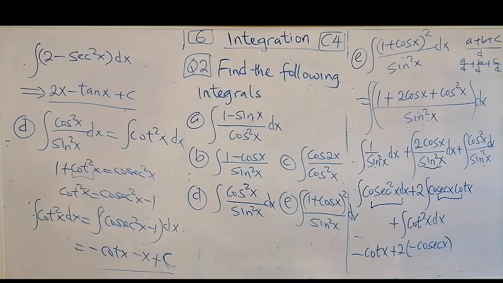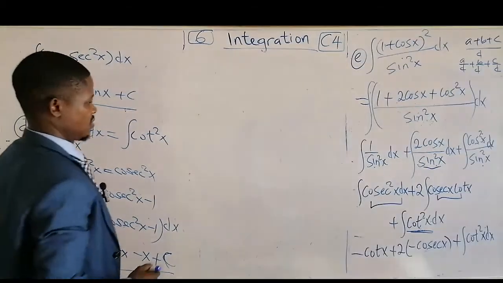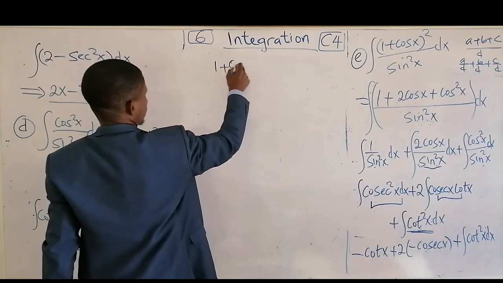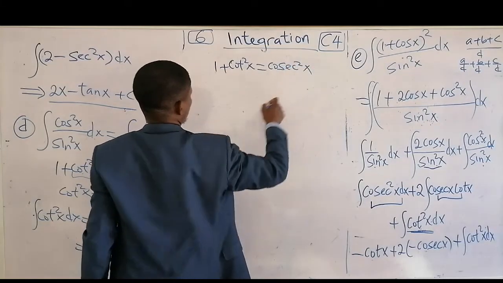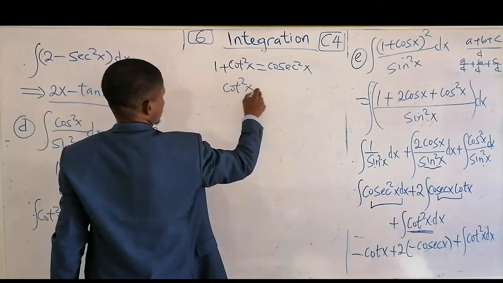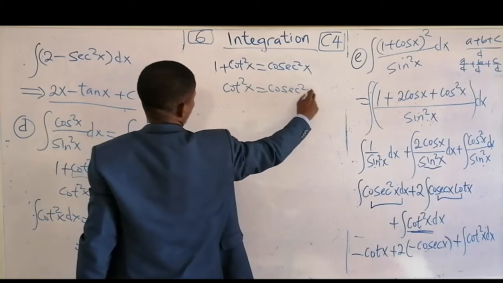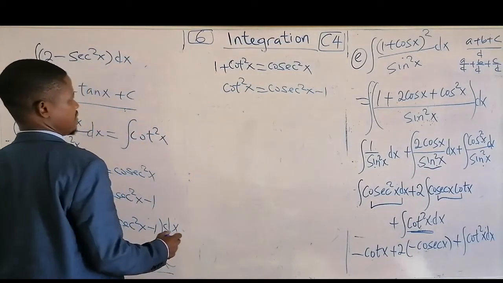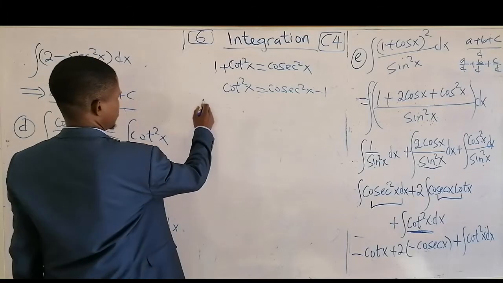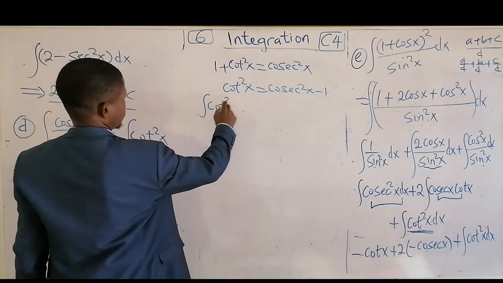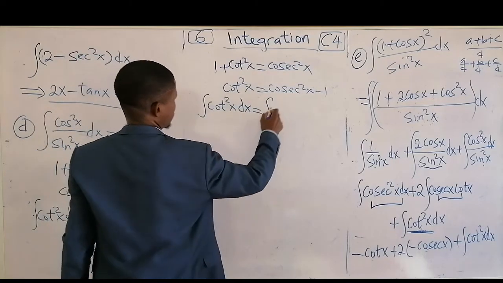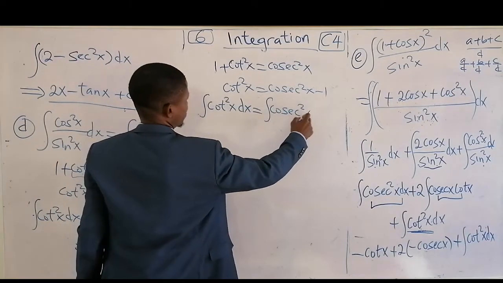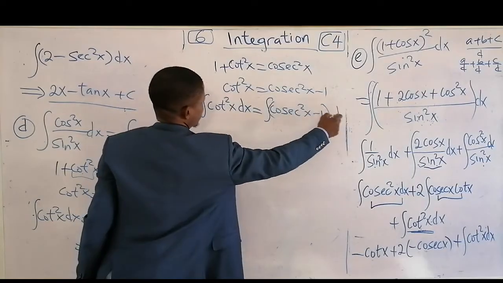Then this one we have to work on. There's no direct table for this one. Don't forget that 1 plus cot square x is cosec square x, so the integral of cot square x dx is the integral of cosec square x minus 1 dx.